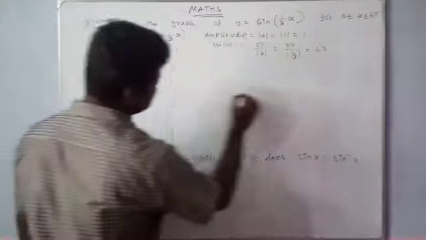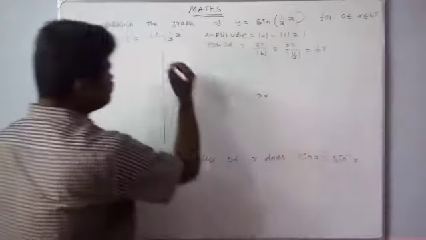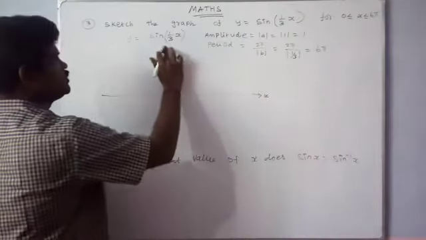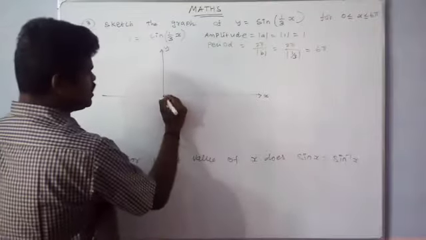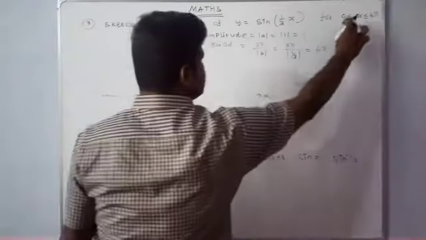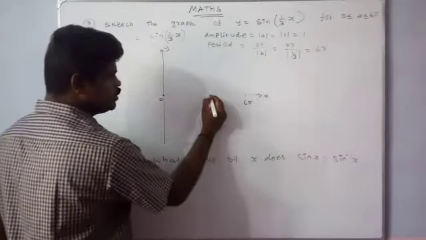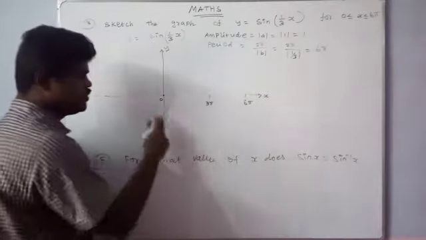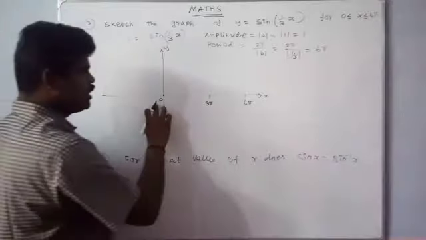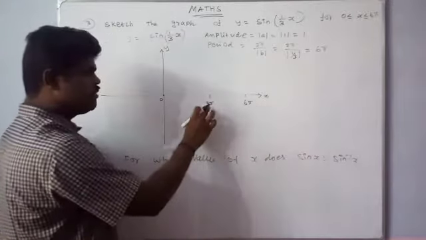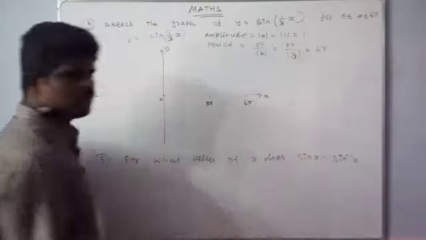Let us take the sin x graph. This is the origin. We have to take 0 to 6 pi. We want to split the range into 0, 3 pi, 6 pi.